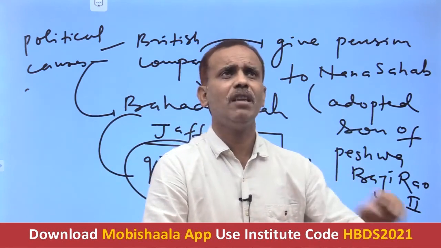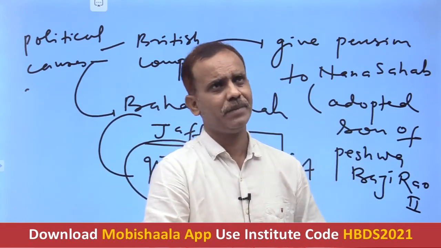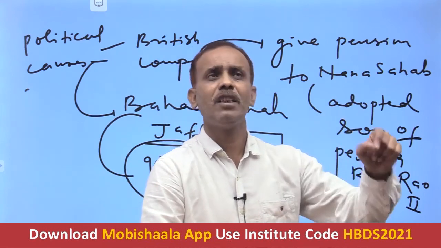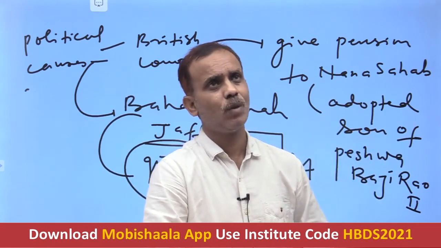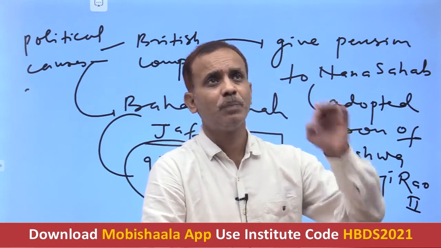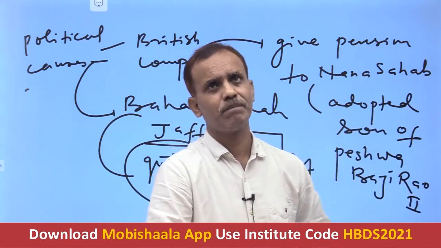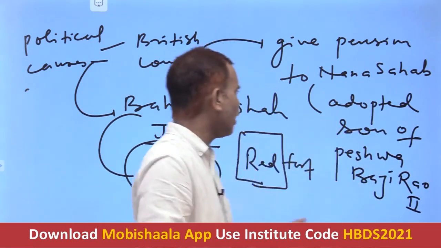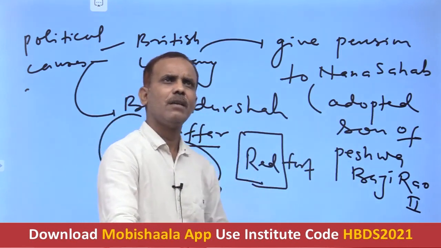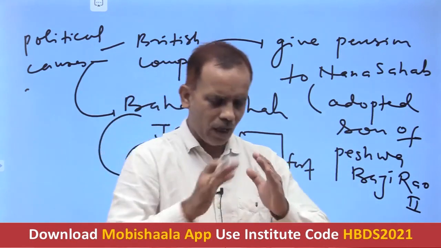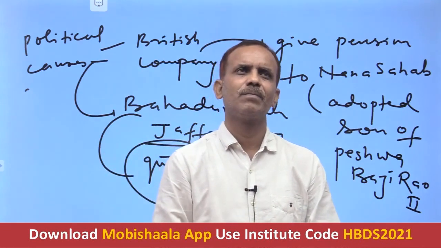So the sympathy of Indian society for the Mughal emperor was not respected by British company. So these are the various political reasons behind the occurrence of this revolt. Okay.